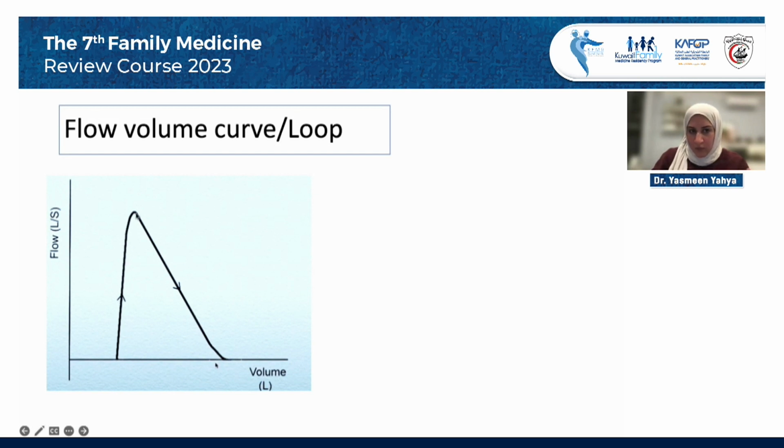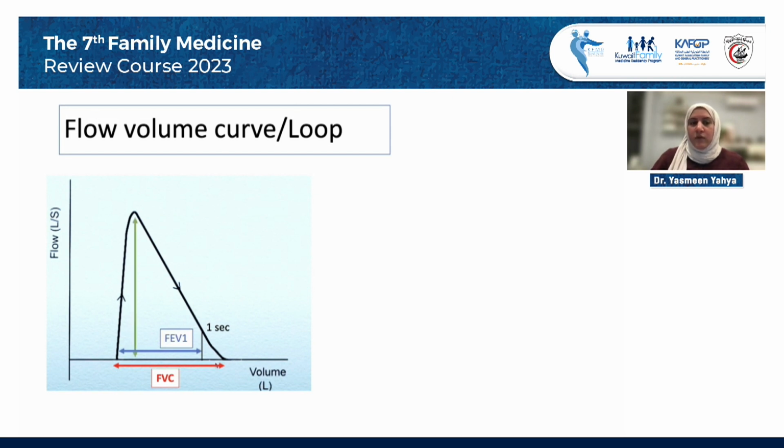The flow will go very high up here, and then it will gradually decrease until all the volume of air is exhaled. So this distance will be the forced vital capacity. And there's no time in this chart, so usually the machine will plot the time like this, 1 second, and then this will be the FEV1.